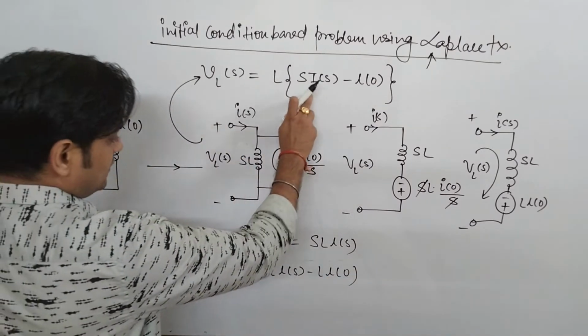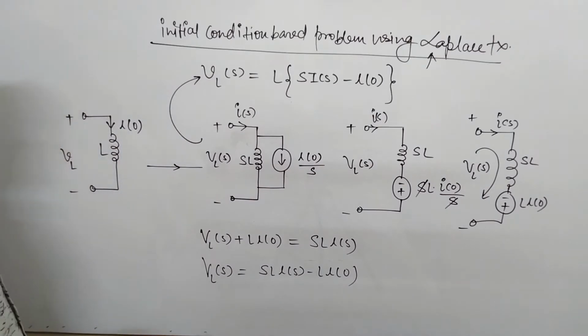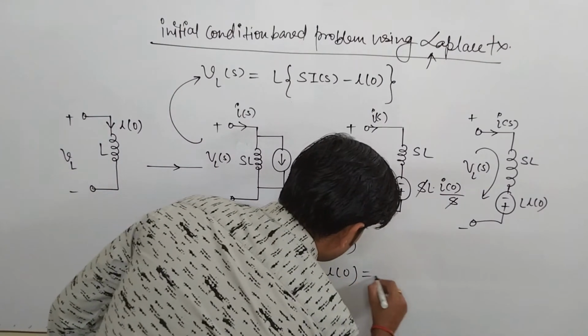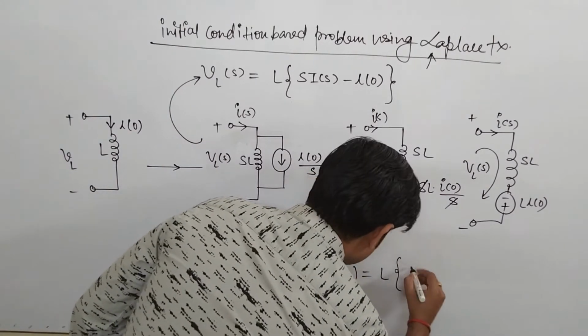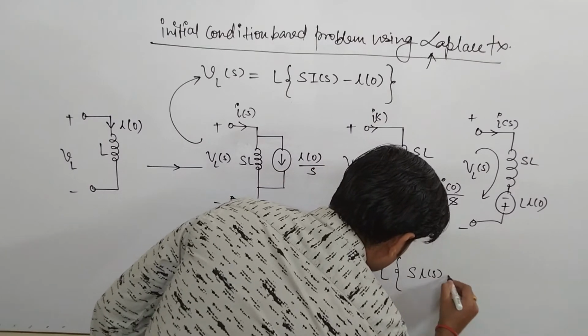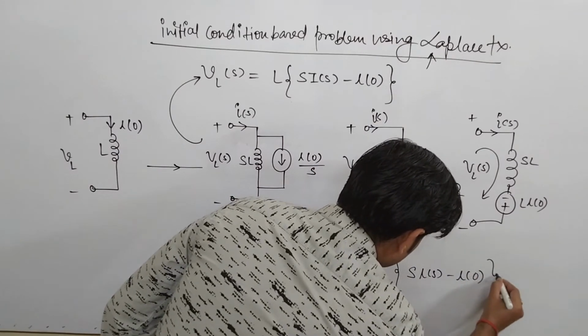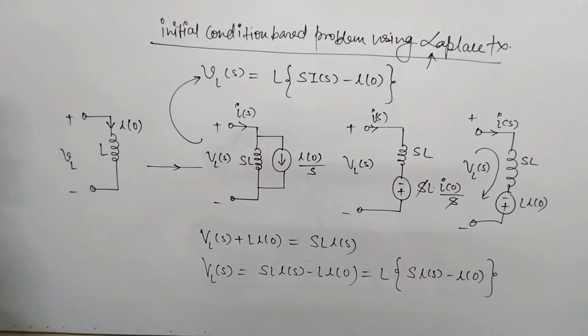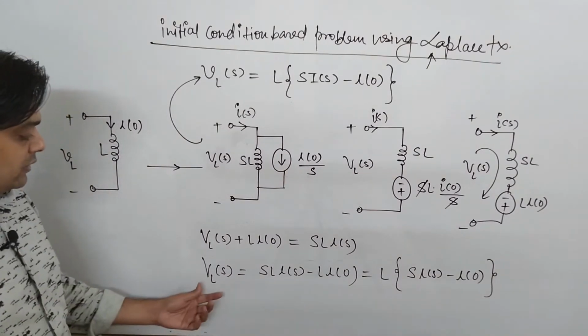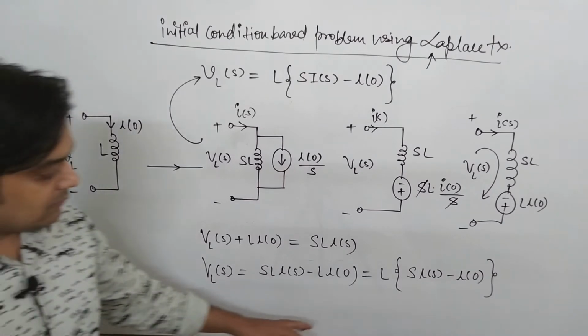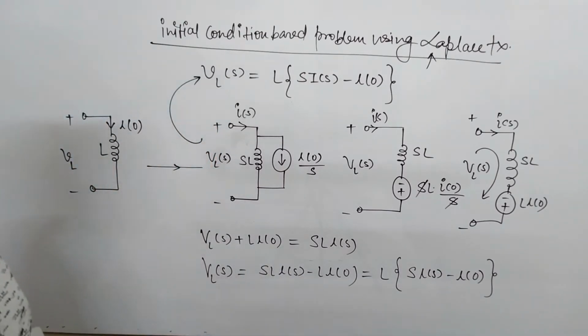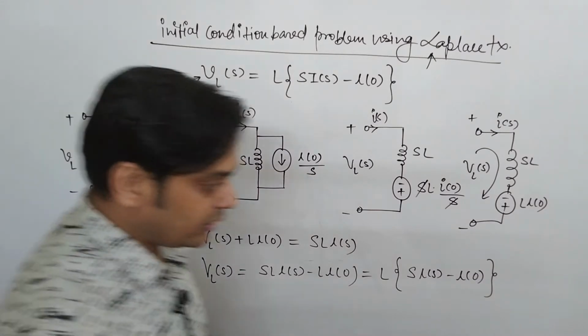Now if you compare this and this, these are the same expression. If you take L as common, this comes to be sI(s) minus I0. So from here we understand that the voltage in the Laplace domain, that is VL(s), is given by L[sI(s) minus I0].